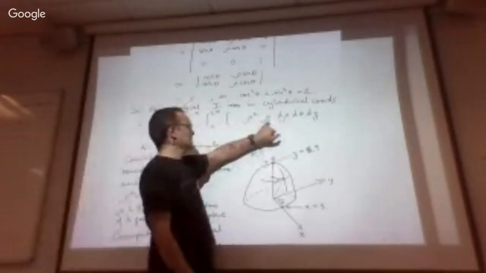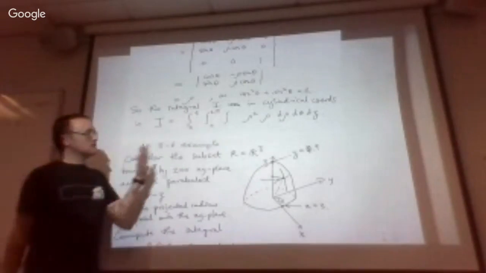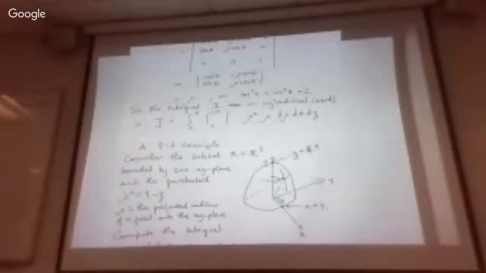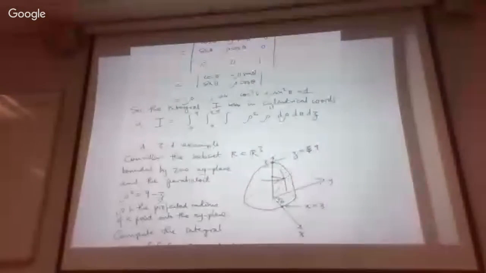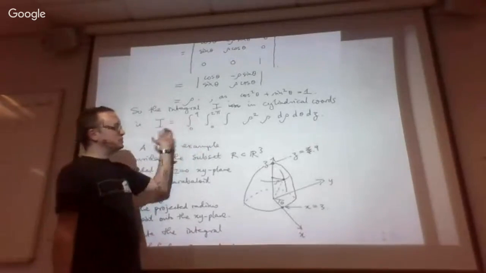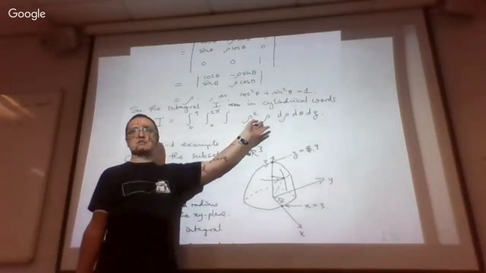Lastly, the rho integral is lying inside the other two. So the rho integral is potentially a function of theta and z. The outer integral and the first inner one supply values of z and theta to the inner rho integral.